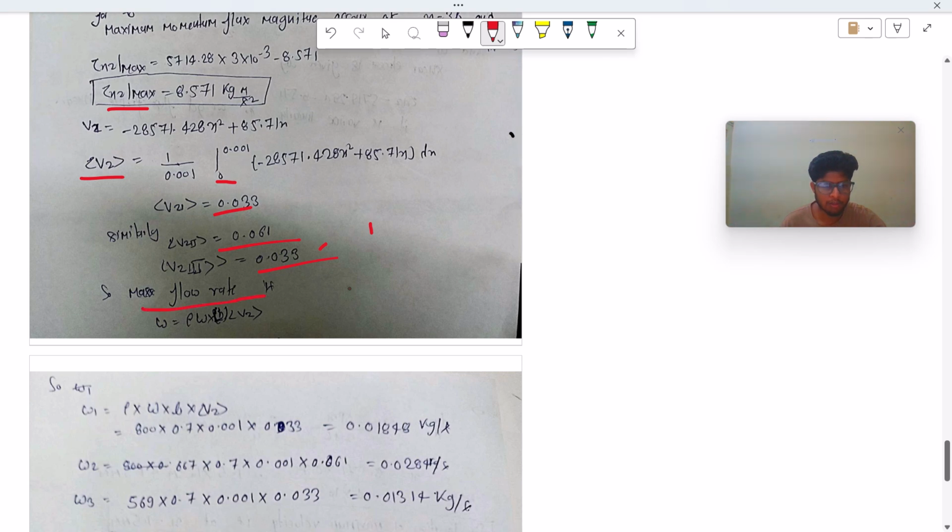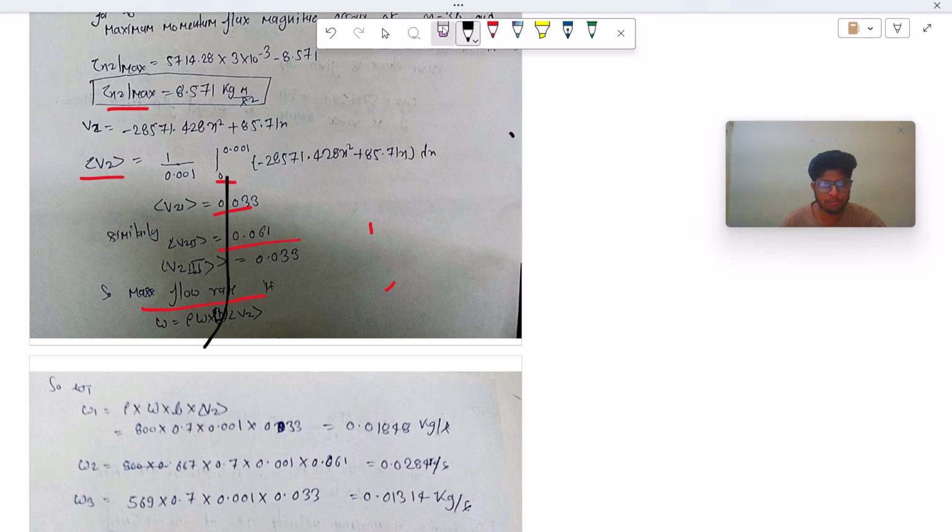So mass flow rate is equal to density into area into average velocity. As we know, area will be taken perpendicular to the velocity.